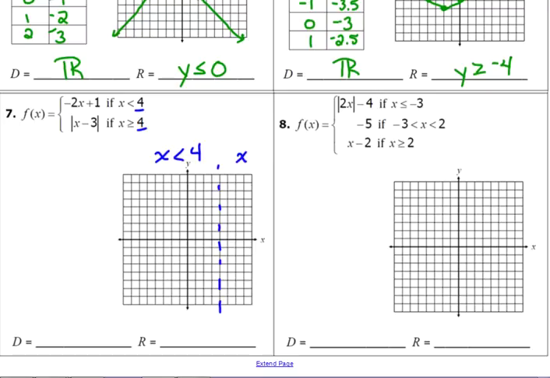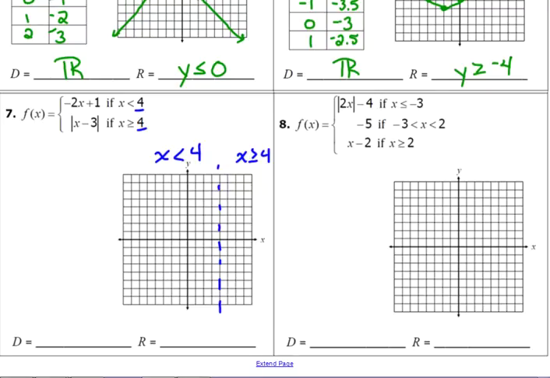When x is greater than or equal to 4, that's the right side, I use the absolute value function. And I write those inequalities above the two pieces so that I can see, okay, this part to the left of this line, I use the x less than 4, so I use the negative 2x plus 1.